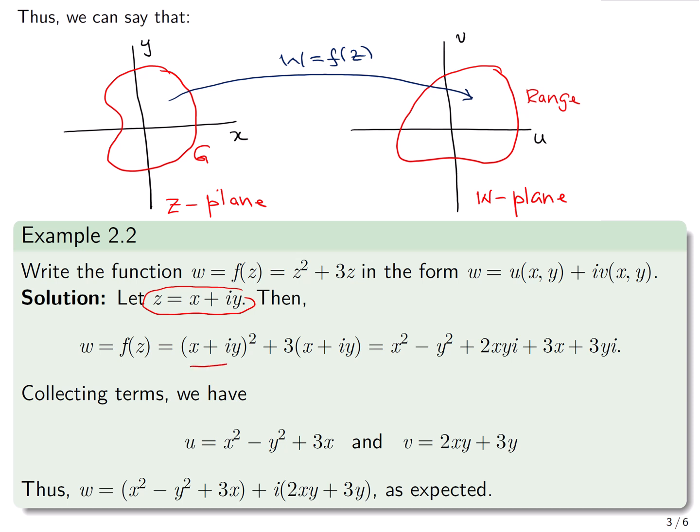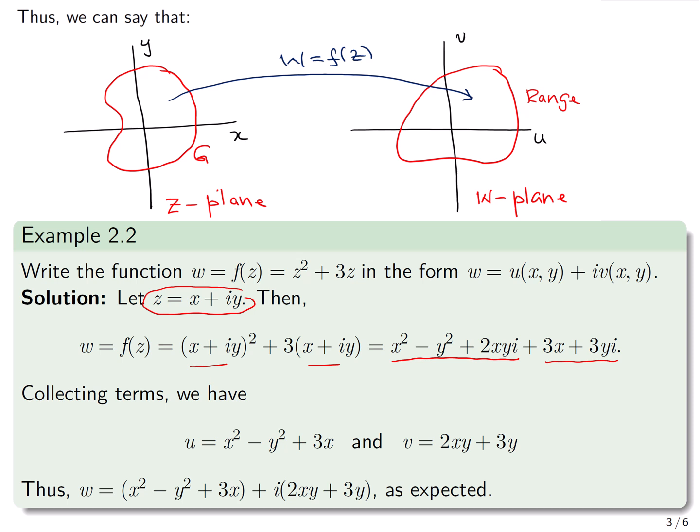When you substitute, this is what you get: (x plus iy) squared plus 3(x plus iy), and then we simplify. The first term gives x squared minus y squared plus 2xyi. The second one, if you distribute, gives 3x plus 3yi, and then we collect the terms.